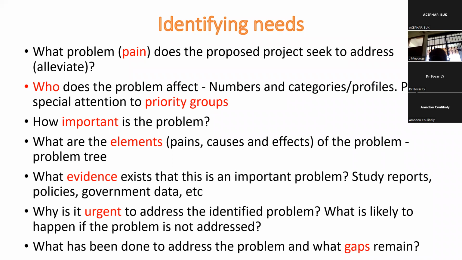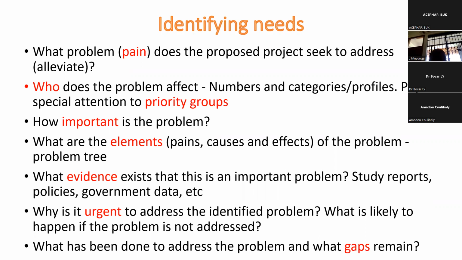Then it's important to also understand the evidence that exists that this is an important problem. You don't just claim that it's an important problem. Use data, whether it is from government, national policies, or the global development agenda, which point to the fact that this is an important problem.